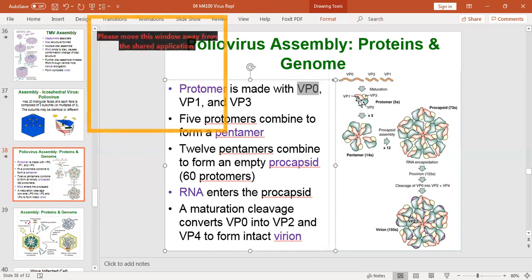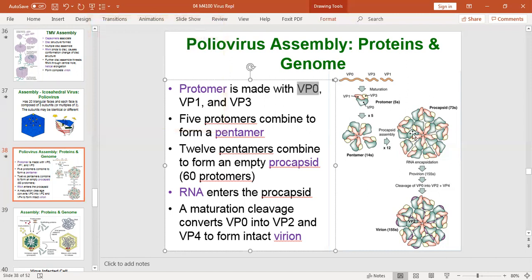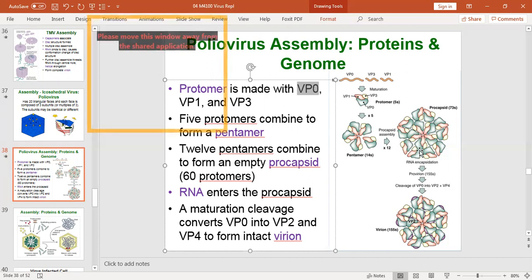This will mature, and 5 of these protomers will come together to form a pentamer. 12 pentamers, 12 times 5 would be 60. 12 pentamers will combine to form an empty procapsid. This procapsid is when RNA will enter the procapsid.